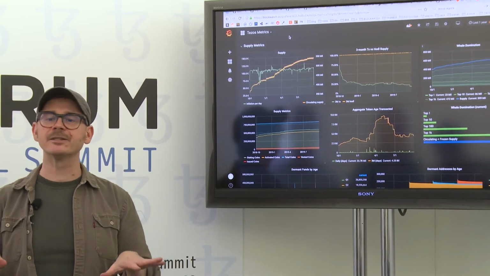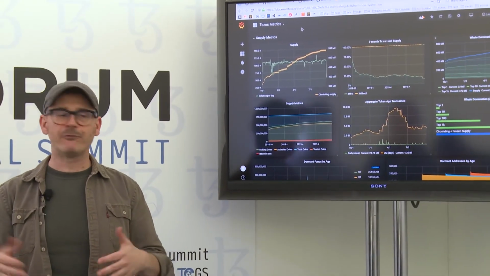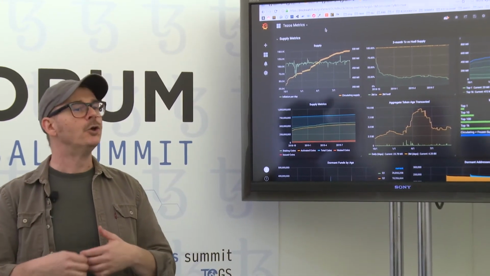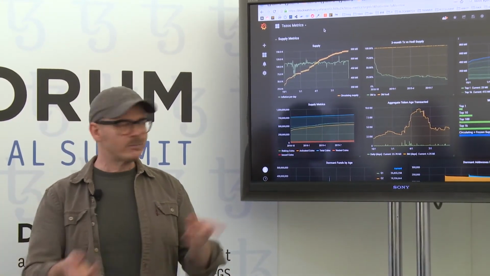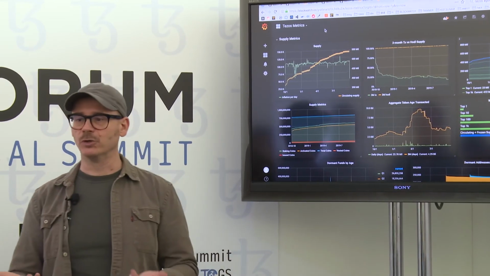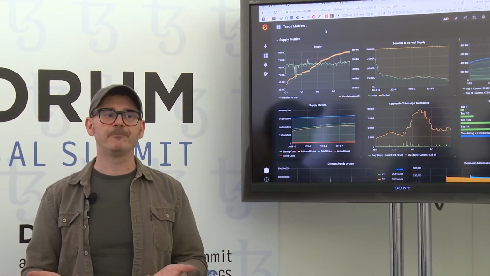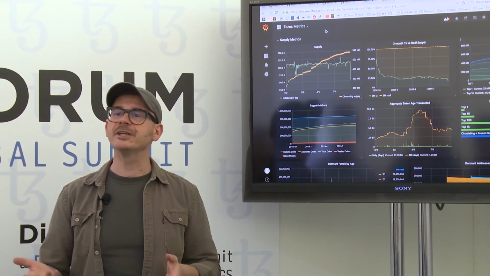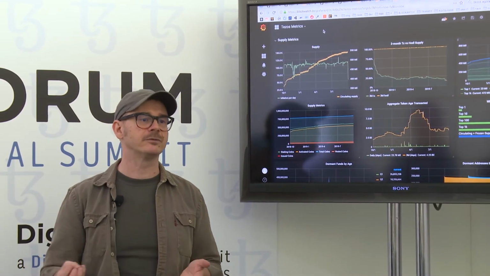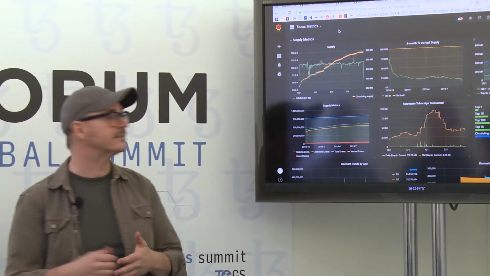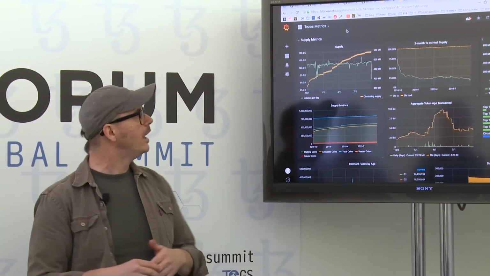The Block Explorer is a low affordance tool for people, not developers, but for normal users to interact with the blockchain. This one is more a research tool that allows us to understand what's going on the blockchain. And there's a lot of interesting statistics you can get out of every blockchain. In this specific case, it's Tezos. I do it for Bitcoin and others as well. But let's stick to Tezos.